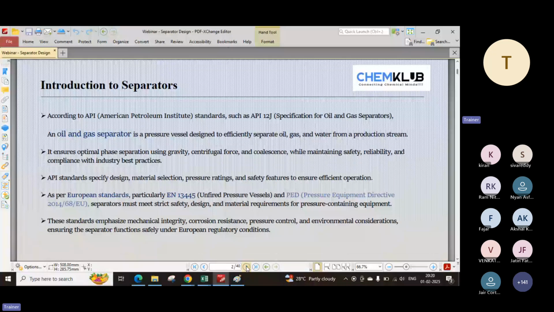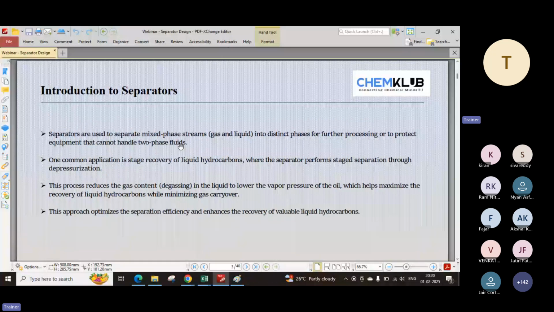Okay, as I said, separators are used to separate the feed into various phases, whether it is gas, liquid, or heavy liquid, generally water. When we have three phases altogether, we call it a three-phase separator. When we have two phases, we call it a two-phase separator. In a feed inlet separator on offshore platforms, the feed comes with some sand as well, so we use some sand handling devices or considerations for that.